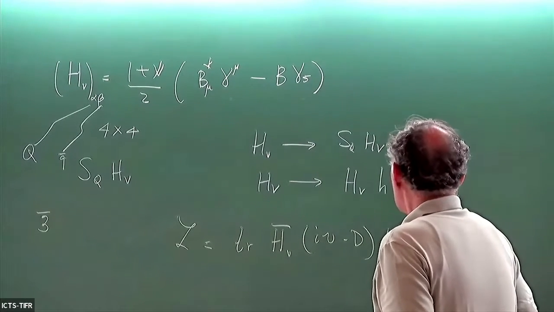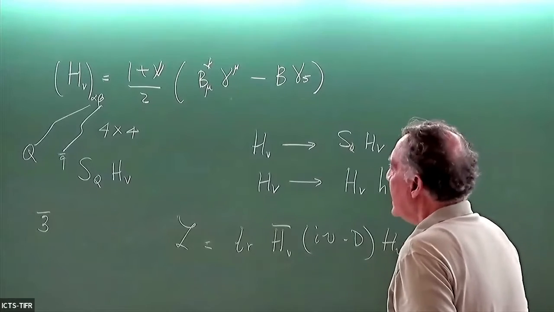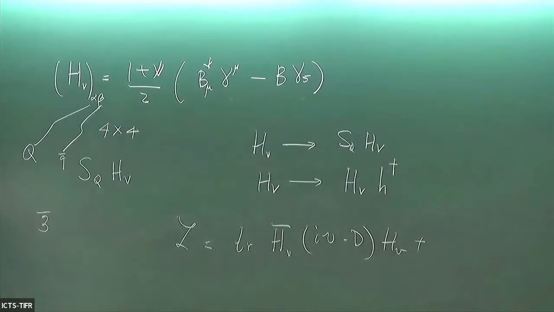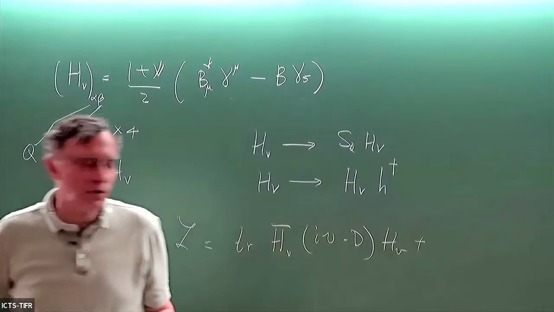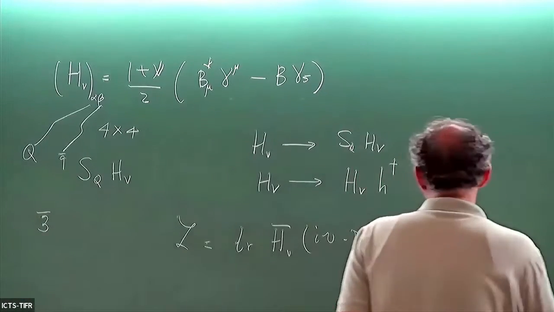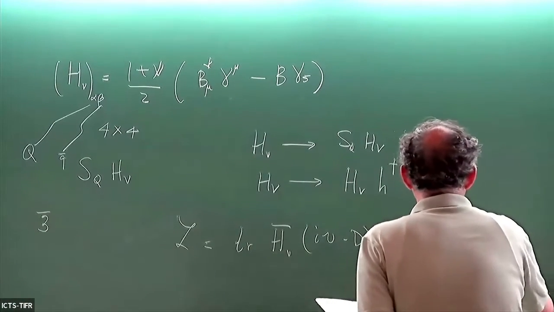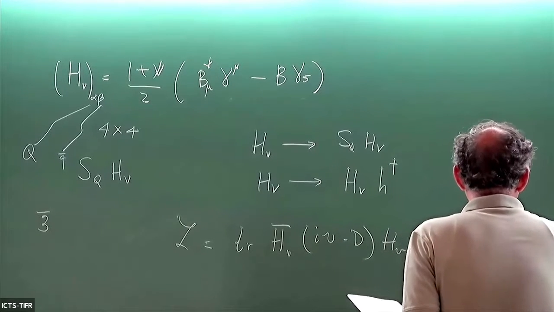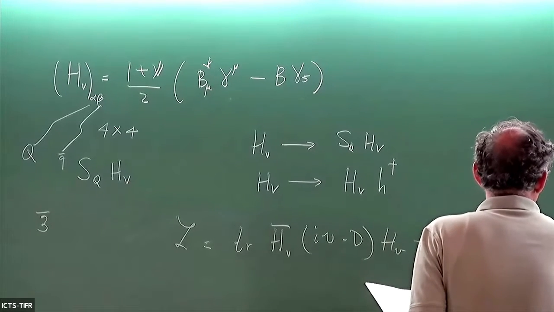And now the pions couple to the axial vector current, the axial vector coupled current of the light quarks. So the coupling here is g trace of H bar_V H_V gamma^mu gamma_5 A_mu.